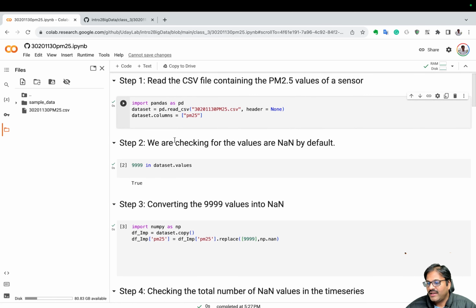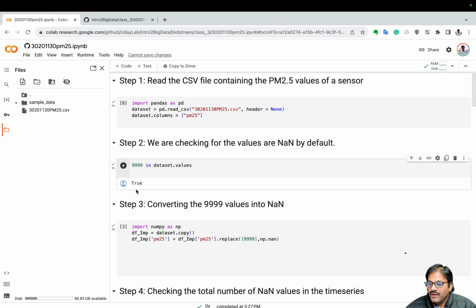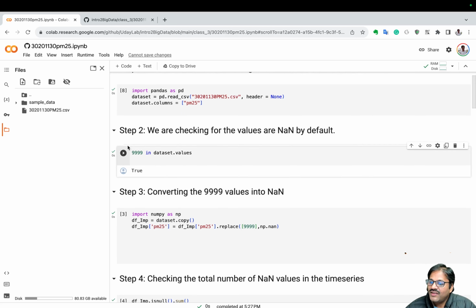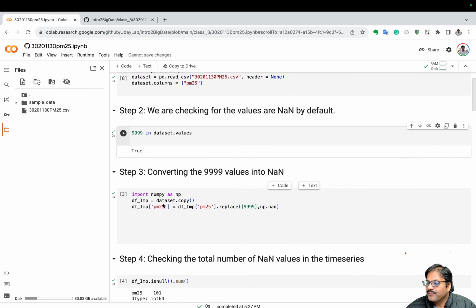Once we have done it, we are going to check whether this value exists in the dataset or not. This value exists because this is the value the SORAMAME system uses to represent missing data.